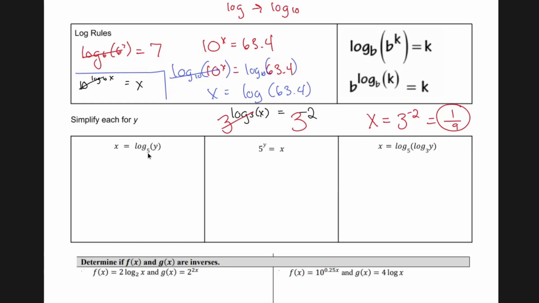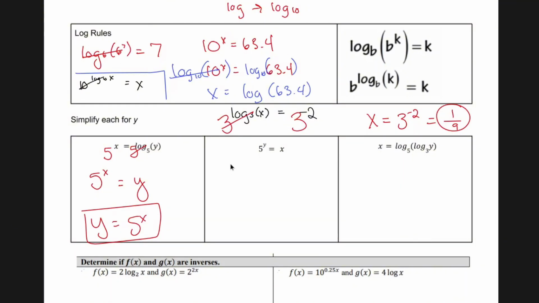Well, I have a base of 5, so why don't you make your base 5 and take 5 to the power of both sides? Okay, base 5, both sides. That gives me 5 to the x, and 5 to the log base 5 cancels out, equaling y. So y equals 5 to the x, if I write it out the way God intended it.